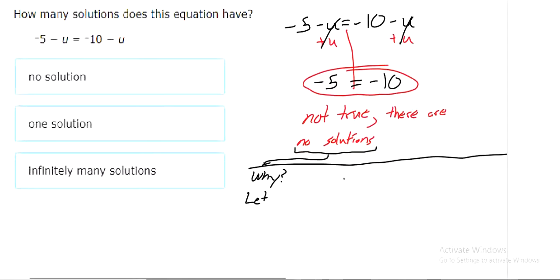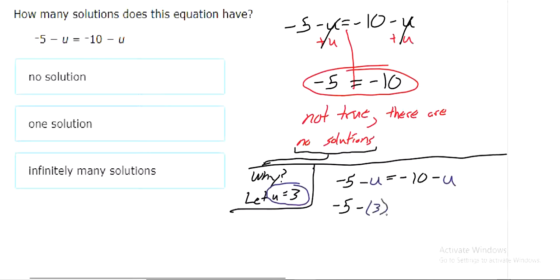Let's let u equal 3. So if I had negative 5 minus u equals negative 10 minus u, and I let u equal 3, well, I would say negative 5 minus 3, and try to make that equal to negative 10 minus 3.